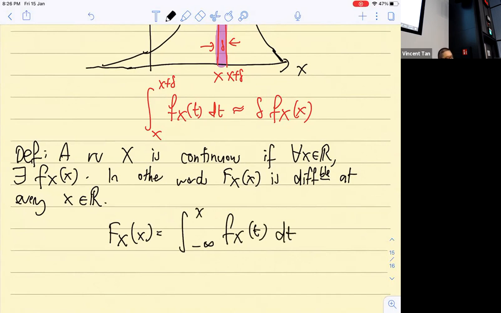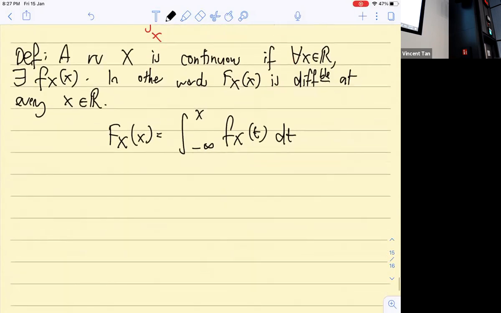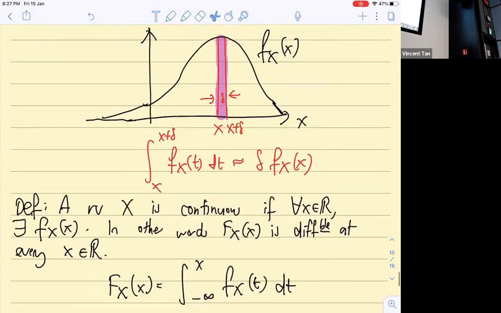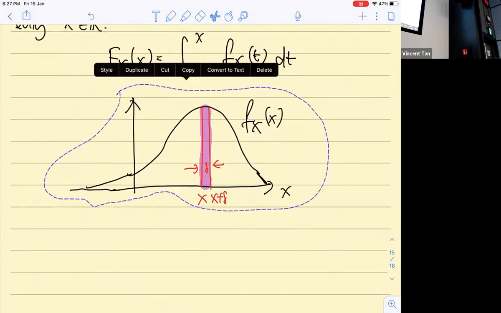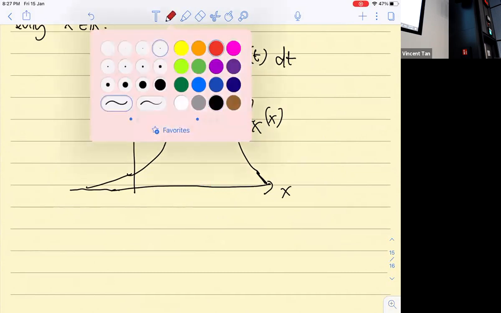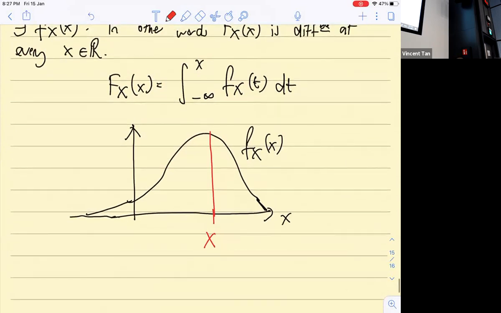I think you have seen all these things before in an undergraduate probability class, so I will not belabor the point. What this equation is doing is the following. Let me just copy my picture, same picture. I have a certain x here, and I want to evaluate the probability.